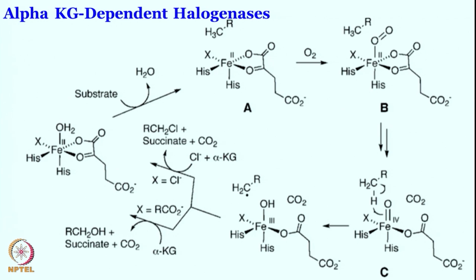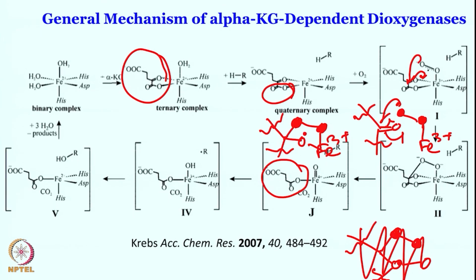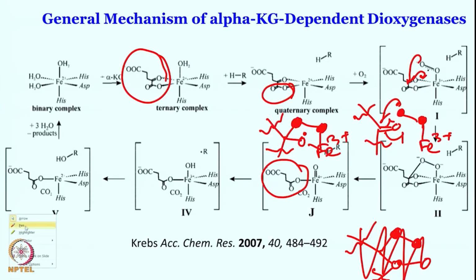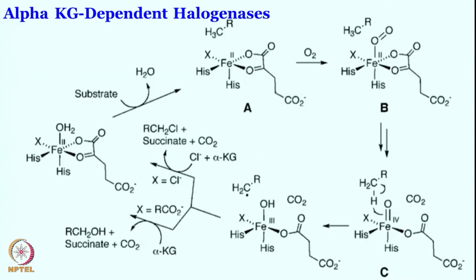The twist here is if you do not have that 2 histidine 1 carboxylate intermediate, 2 histidine and 1 aspartate, the so-called facial triad, if you do not have these 3 moieties, then you are in for a quite exciting part, and that is just 2 histidine and 1 X, the halogen. So, this was aspartate in the last case, now this is halogen.